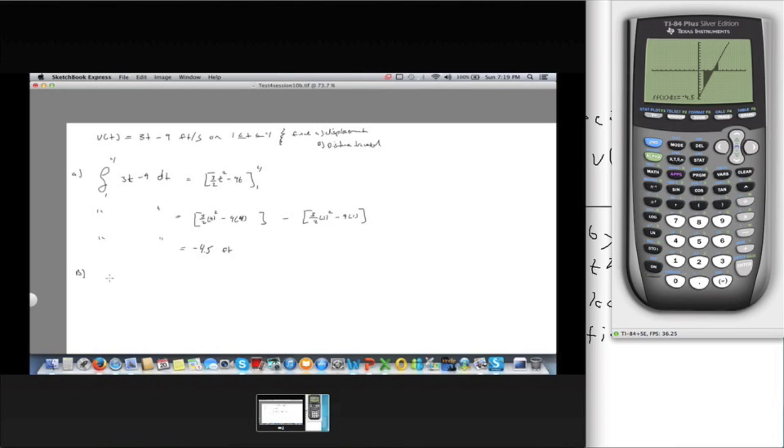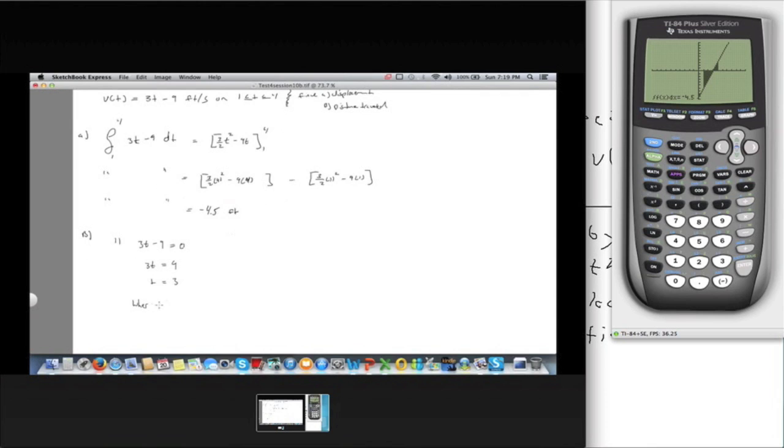The first step is to figure out where we change direction, because you can only figure out distance on an interval where it's moving in only one direction.